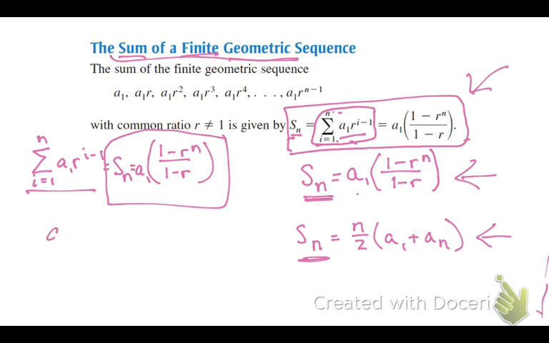If I have a sub n equals a sub 1 plus n minus 1 d, and a sub n equals a sub 1 r to the n minus 1, you can't tell me the definition of a geometric and arithmetic apart. Which one's arithmetic? The one with not r, the one with what? d. So it's an arithmetic definition, and this is the geometric definition.